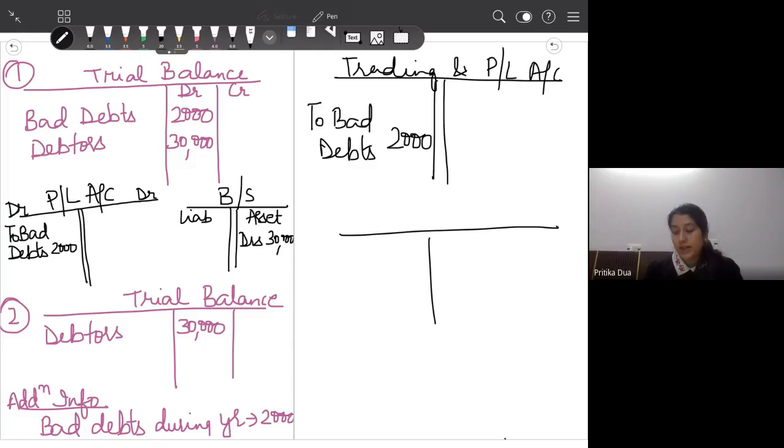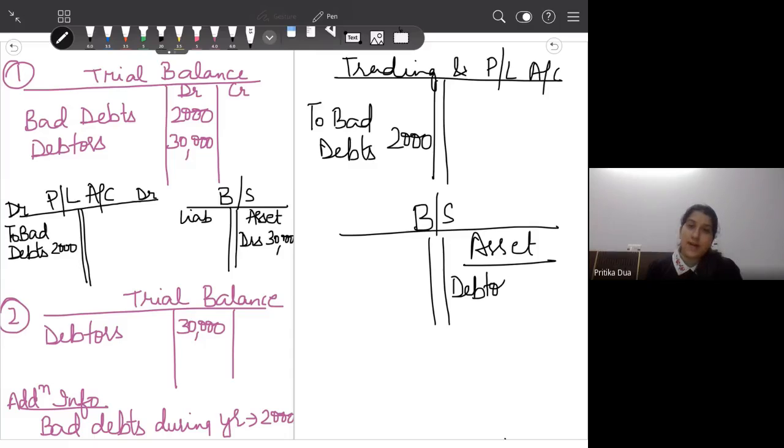And now in the balance sheet on the asset side, you will make the second adjustment. Second adjustment will be कि आपके डेटर्स 30,000 हैं, आपको पता चलता है कि उसमें से अब जो बैड डेट्स हैं वो 2,000 हैं, तो आपकी नेट वैल्यू ऑफ debtors in the balance sheet will be 28,000.